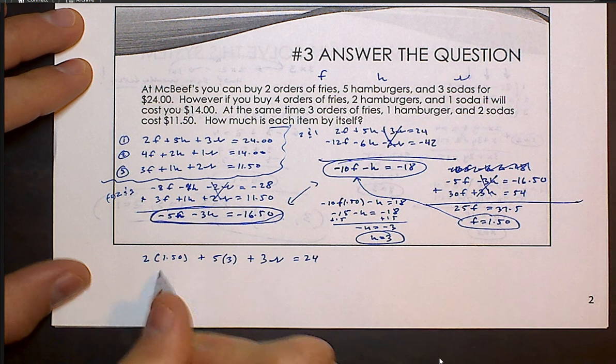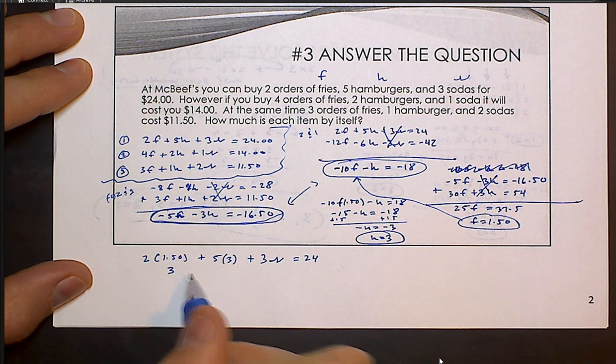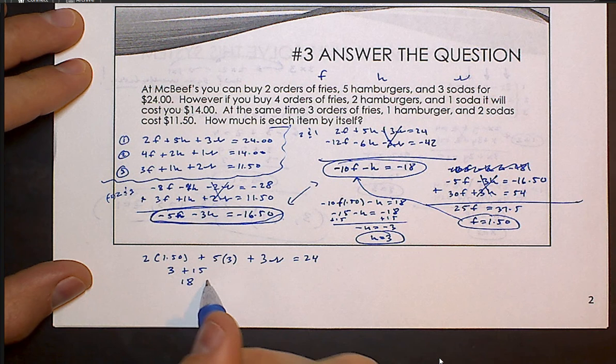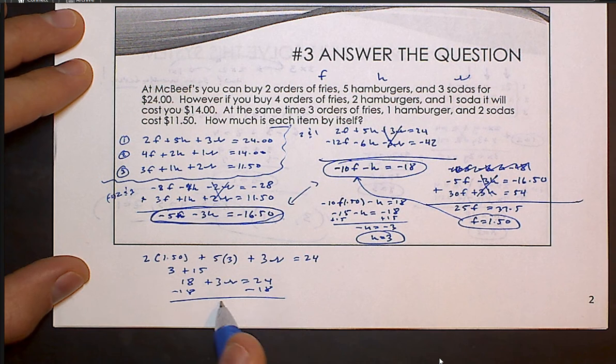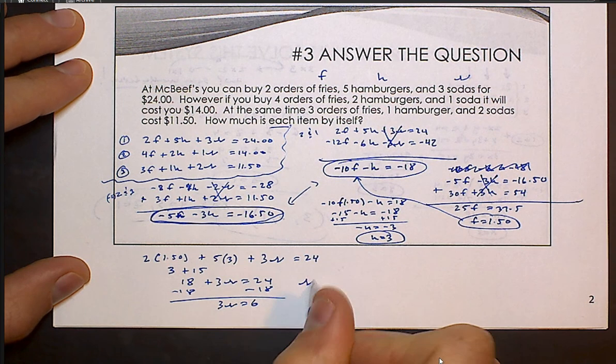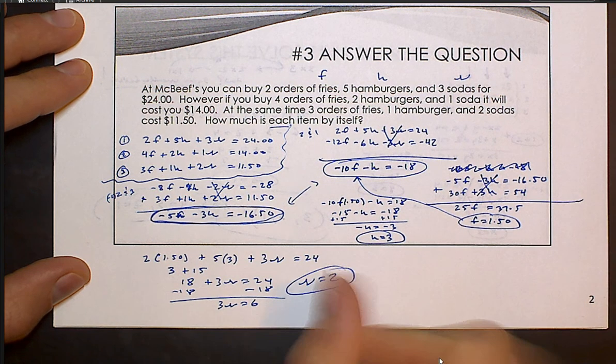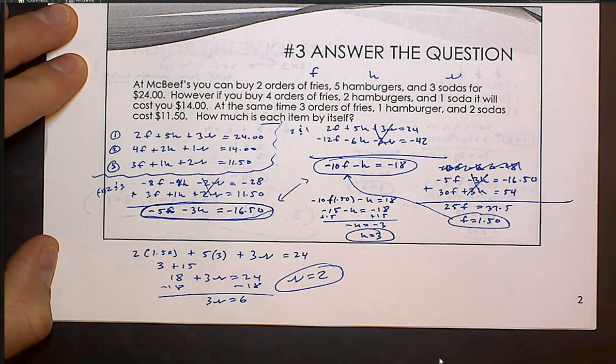So 2 times 1.50 is $3. 5 times 3 is 15. That's 18 plus the 3s equals 24. I'm going to subtract 18 from both sides. I get 3s is equal to 6, and so sodas must be 2. And so now I have found my sodas are $2, hamburgers are $3, and my fries are $1.50.